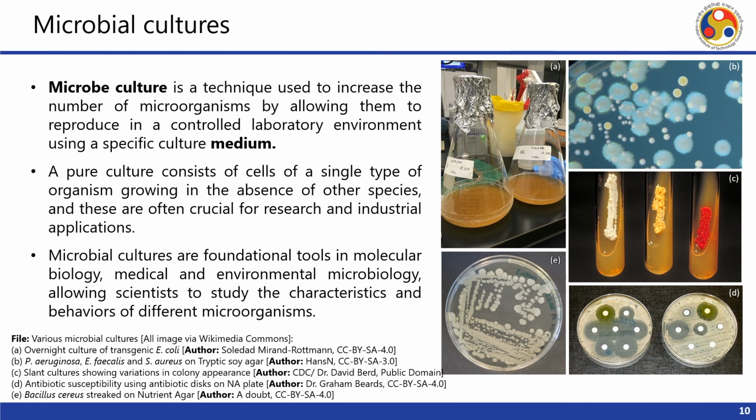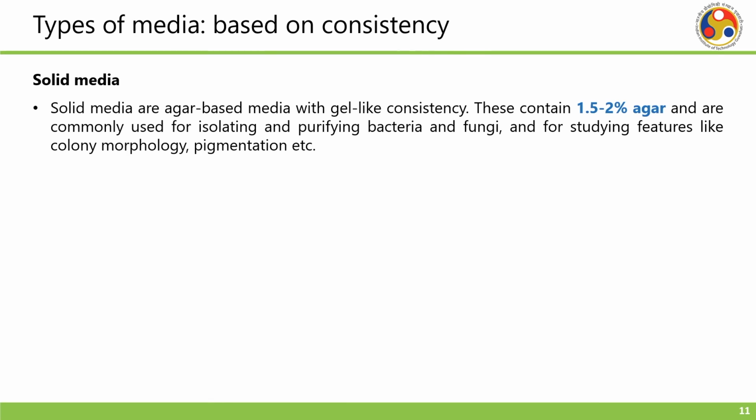Then C shows slant cultures showing variations in colony appearance, D shows antibiotic susceptibility using antibiotic discs, and E shows Bacillus cereus streaked on nutrient agar. So, different kinds of formats and different kinds of media are being used to culture different kinds of microorganisms.